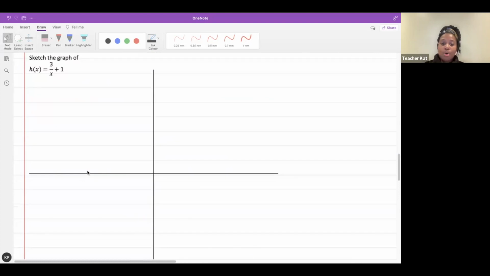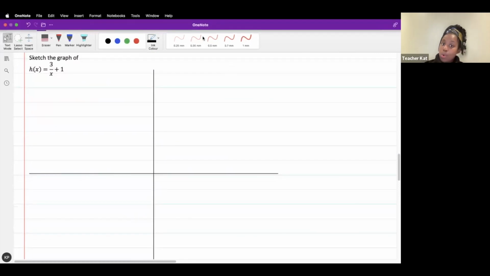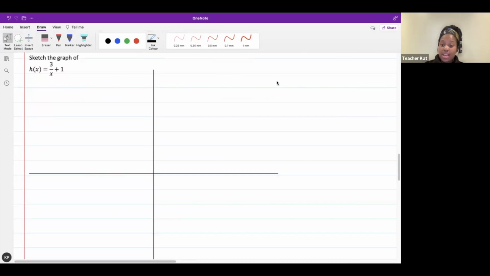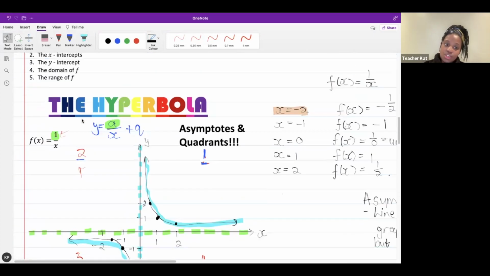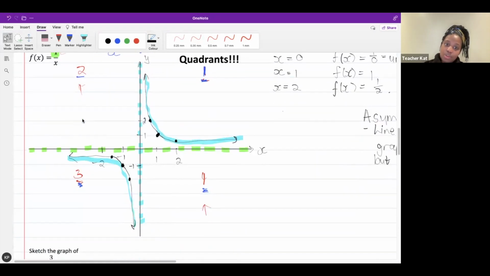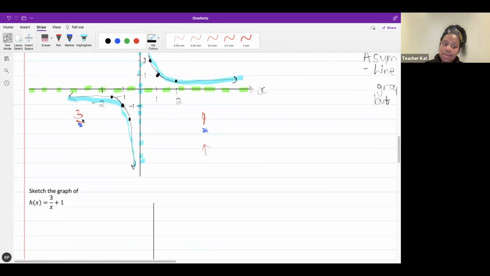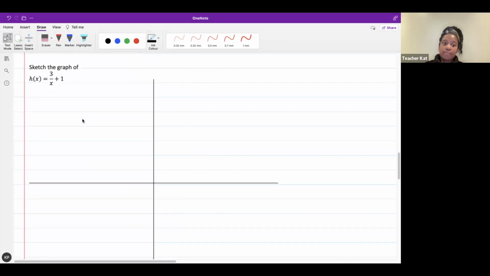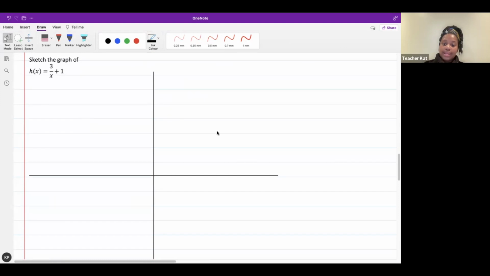We're going to do one more graph, just one more. Okay. Using these concepts that we have now spoken about, asymptotes and quadrants. Now, h of x is equal to 3 over x plus 1.